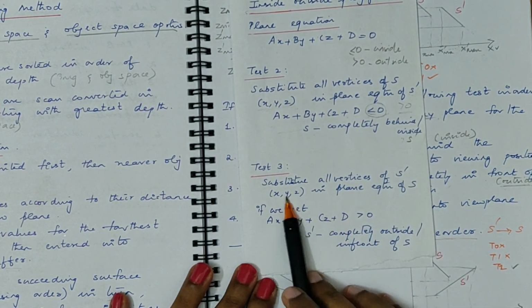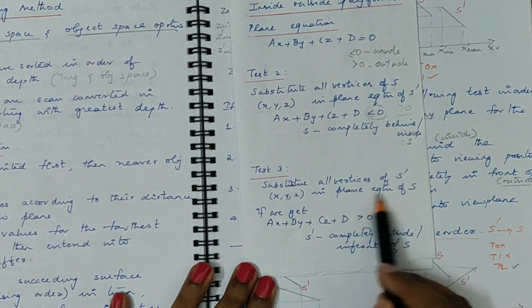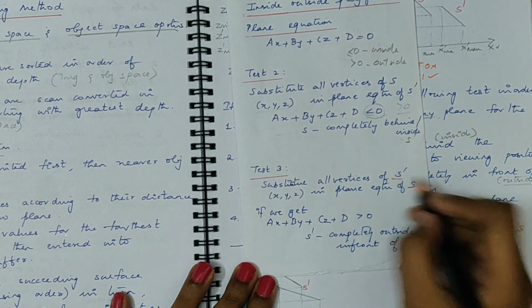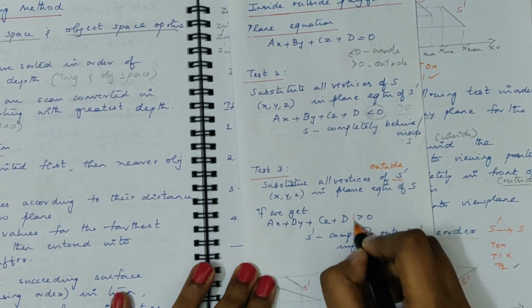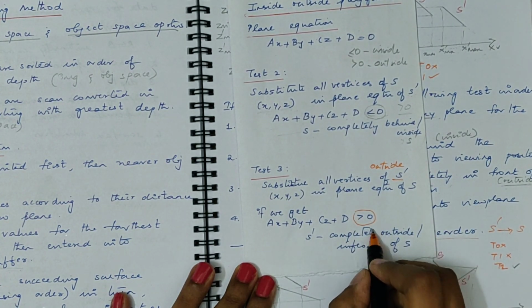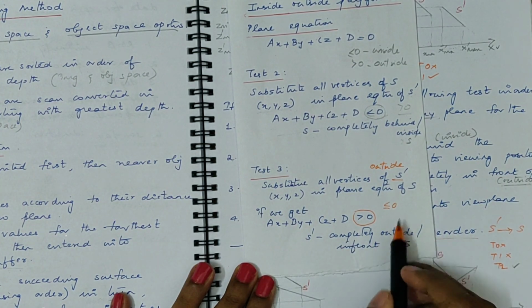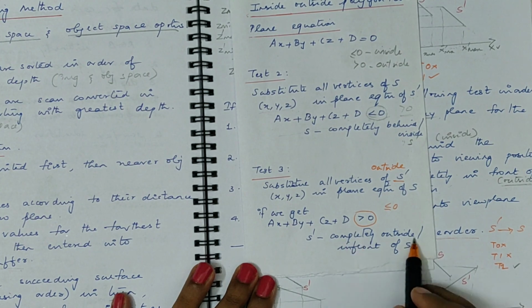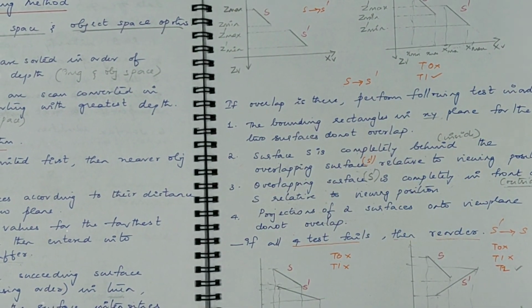Similarly, for test 3, you substitute all vertices of S dash in the plane equation of S, to find out whether S dash is completely outside. If S dash is completely outside, the value should be greater than 0. For any point, if it is less than or equal to 0, then S dash is not completely outside. That is how you determine whether the points are inside or outside.